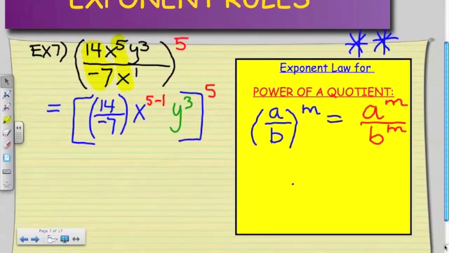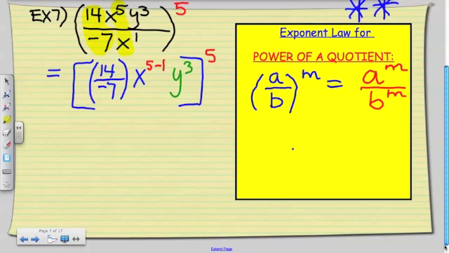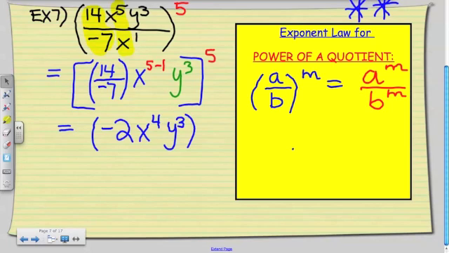So let's go ahead and simplify. 14 divided by negative 7 is going to give me negative 2. X to the power of 5 minus 1 is x to the power of 4, and y cubed remains y cubed. So now that I've simplified, I can apply my power of 5.